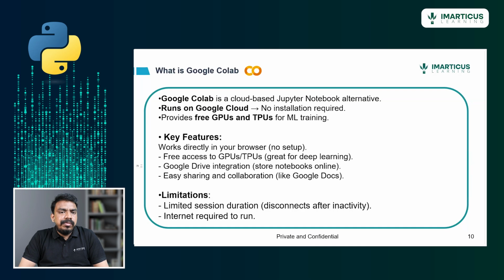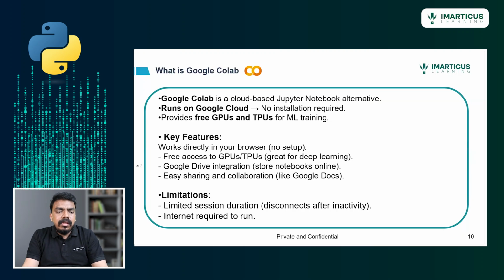The key feature of Google Colab is that it works directly in your browser. It may be any of the browsers, for example Chrome, Mozilla Firefox, or Opera. Any browser will work, and it is freely accessible, providing free GPU as well as TPU to create bigger projects which require a graphics processing unit.